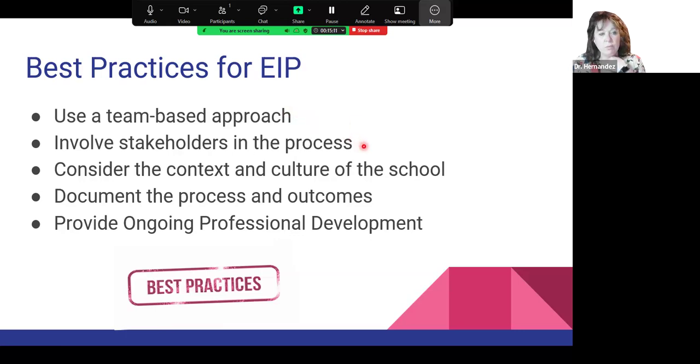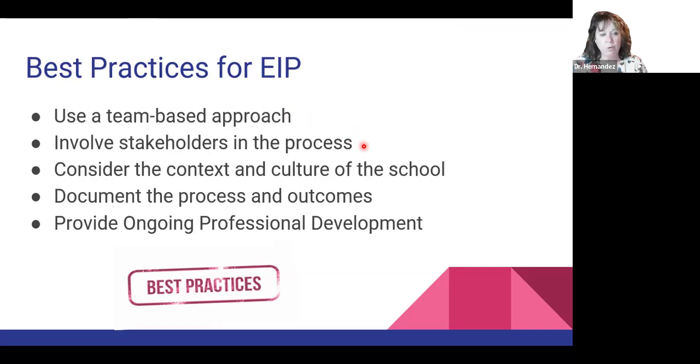Involve the stakeholders in the process. It's important to involve the clients, the families, the administrators, and so forth. This helps ensure that the interventions are tailored to their actual needs and supported by the school community. So say you want to do mindfulness and meditation, and instead of doing it as a tier 2 or tier 3 service, you want to do it at tier 1.